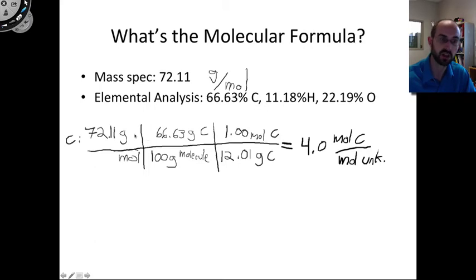Technically, if I want to put my units here, it's grams of unknown per mole of unknown.